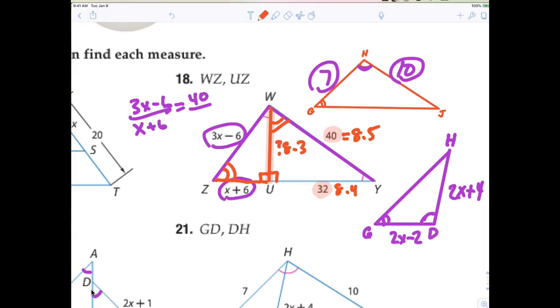It's the 3, 4, 5. And again, it just saves you a tremendous amount of time. I know everybody here can do 40 squared minus 32 squared, and then take the square root. It's not that big of a deal. But I really wish you would learn it as 8 times 5, 8 times 4, and then the other one's 8 times 3.